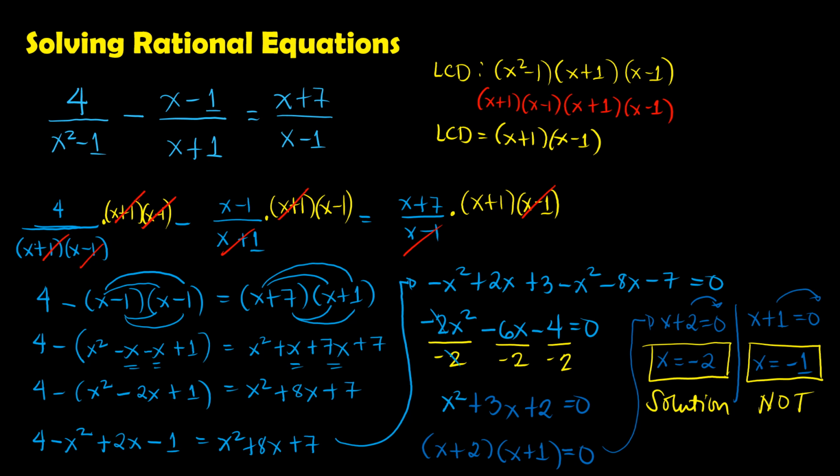Because it will make your equation undefined. Magkakaroon ka kasi ng 0 sa denominator. So, kapag hindi siya solution, we call it the extraneous root. Okay, so if it's not a solution, then we consider the answer an extraneous solution or an extraneous root.